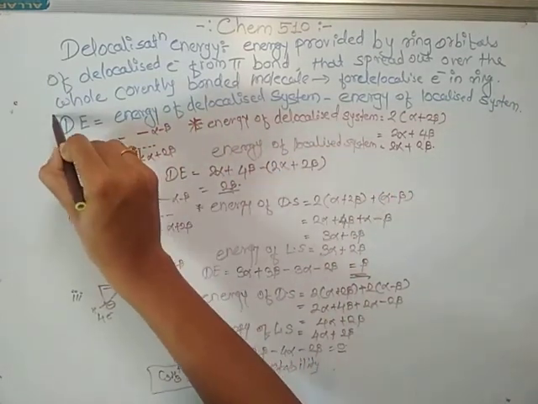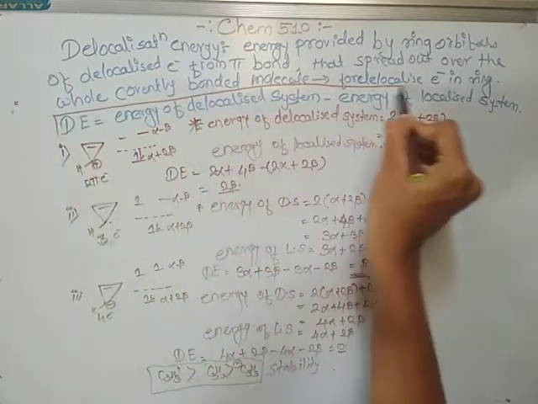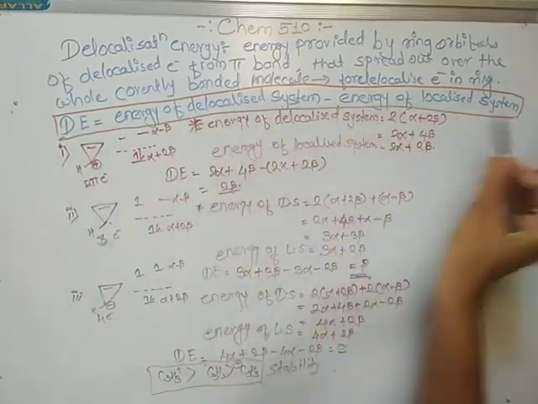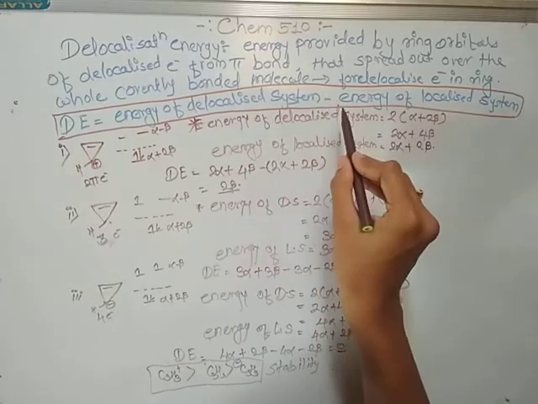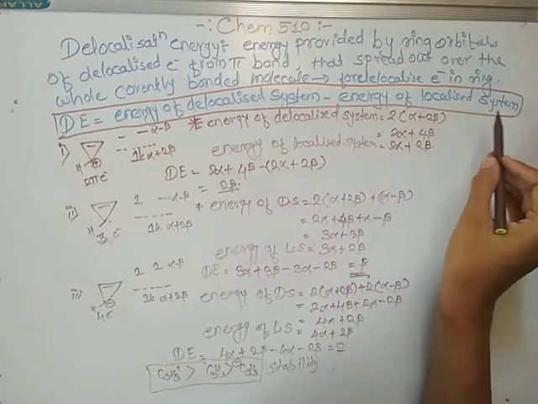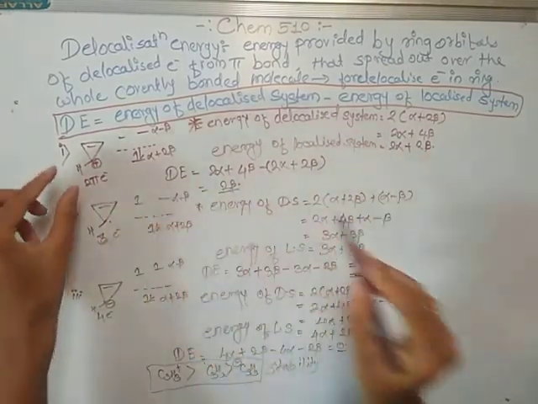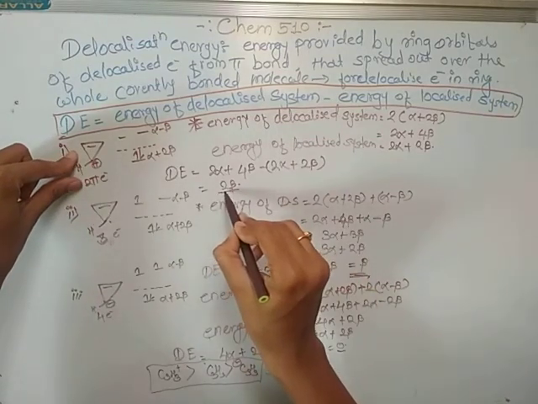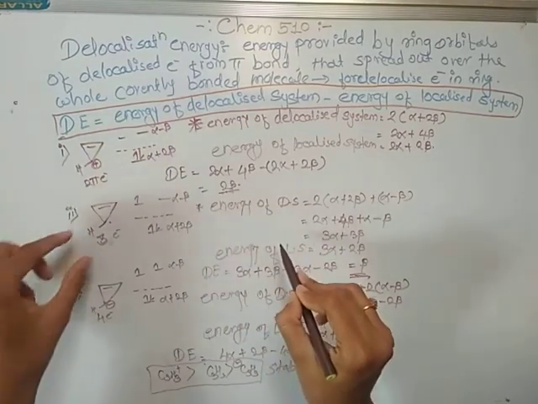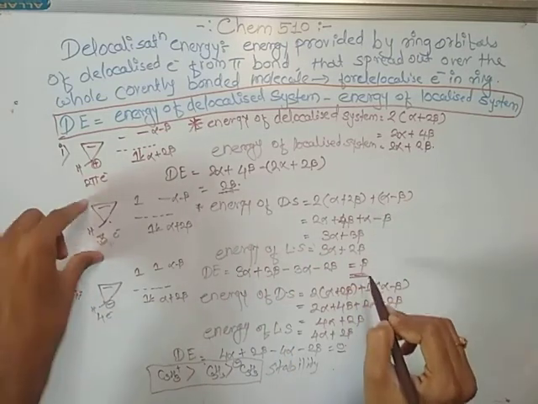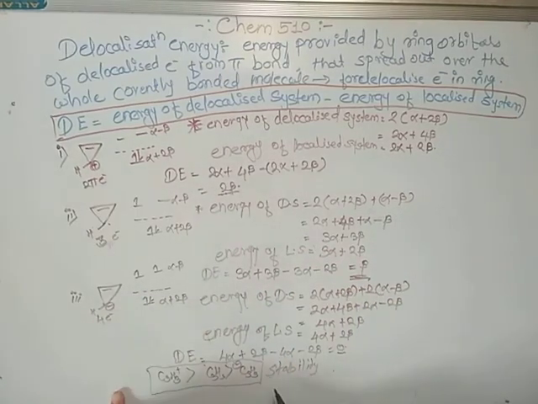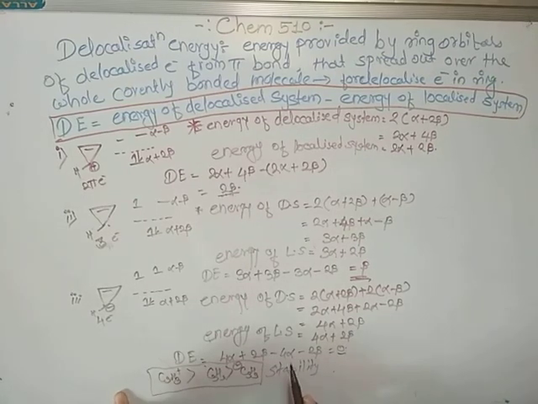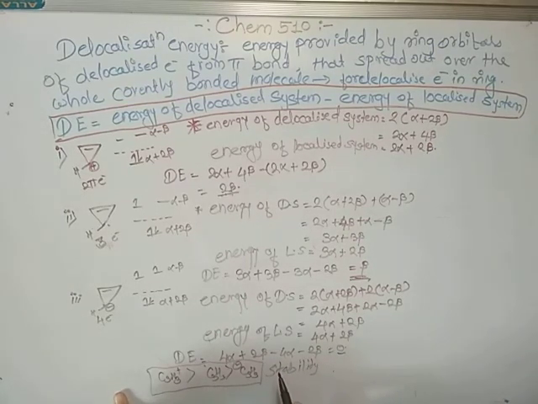Then this is the formula for the calculation of delocalization energy: dE is equal to energy of delocalized system minus energy of localized system. And cyclopropyl cation has delocalization energy 2 beta, radical has beta and anion has 0. So we have drawn here the stability of that radical, anion and cation.